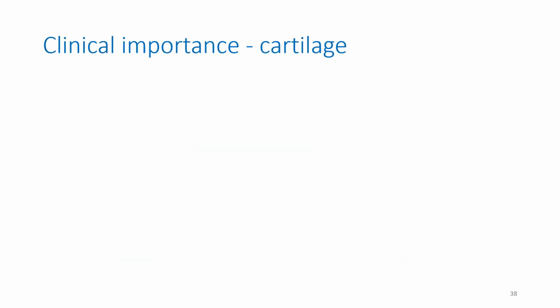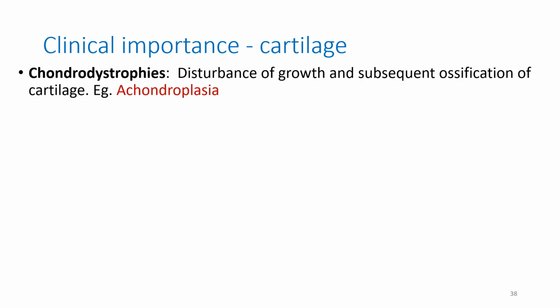Now let us see the clinical importance of the cartilage. There is what is known as chondrodystrophies, that is disturbances in the growth and subsequent ossification of cartilage. The best example for it is achondroplasia.